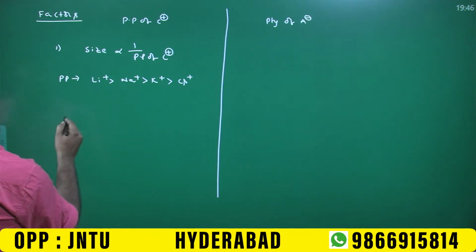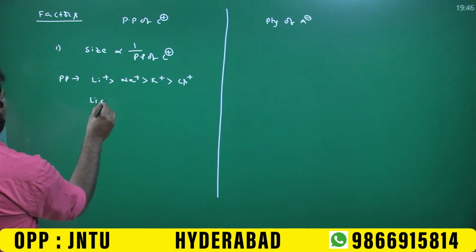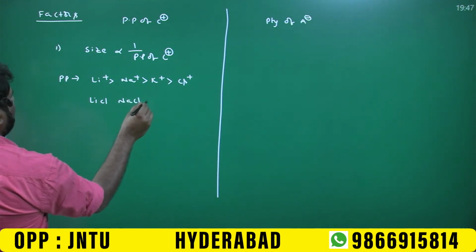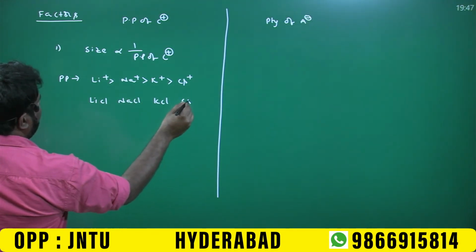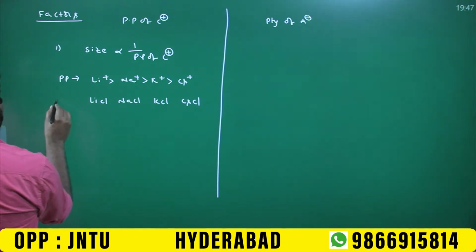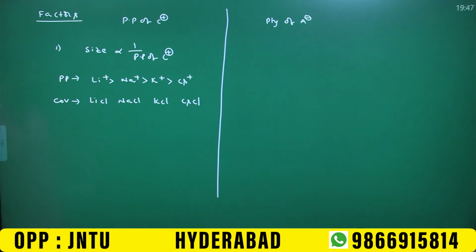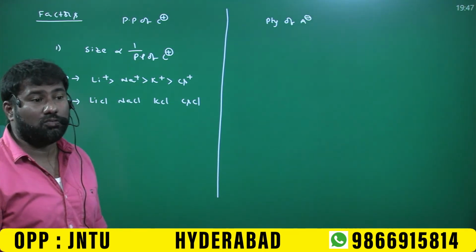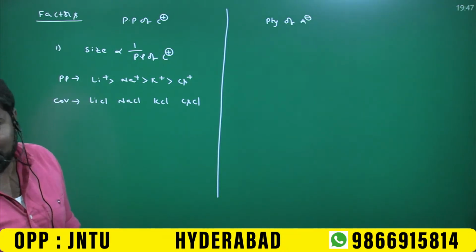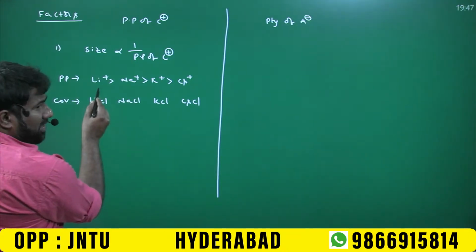Now let me have ionic compounds like LiCl, NaCl, KCl, CsCl. Which has more covalent character? LiCl, because covalent character is directly proportional to the polarizing power of the cation, and Li plus has the most.